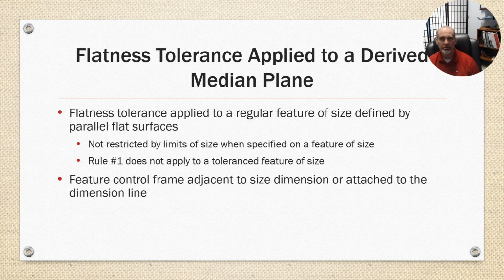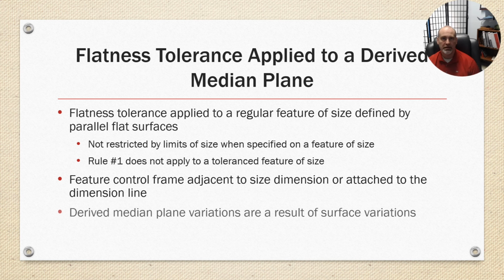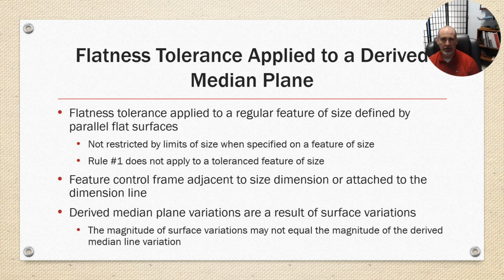Feature control frame is adjacent to the size dimension or attached to the dimension line, and derived median plane variations are a result of surface variations. And the magnitude of the surface variations may not be equal to the magnitude of the derived median line variation.